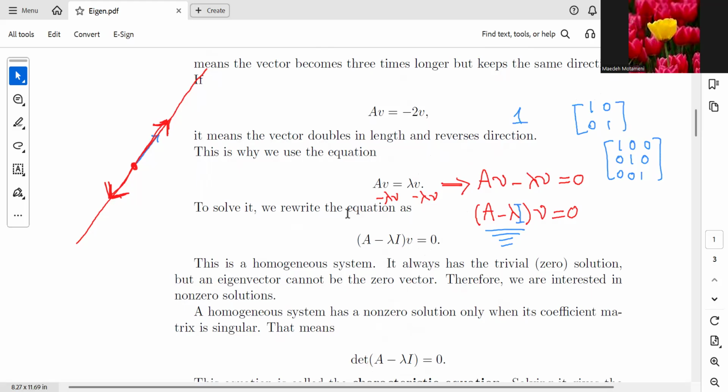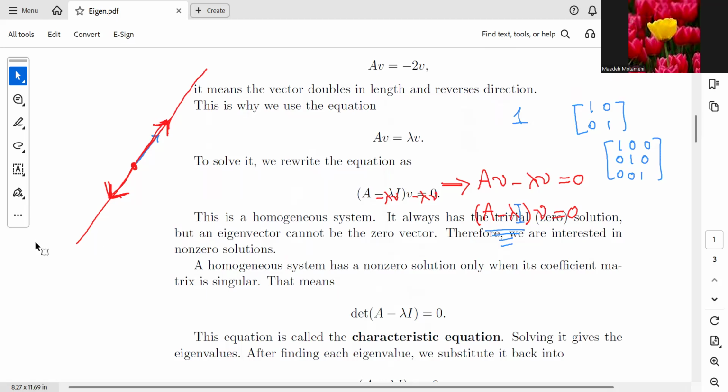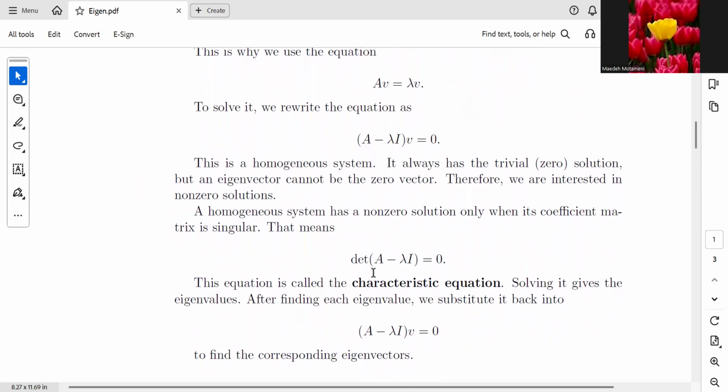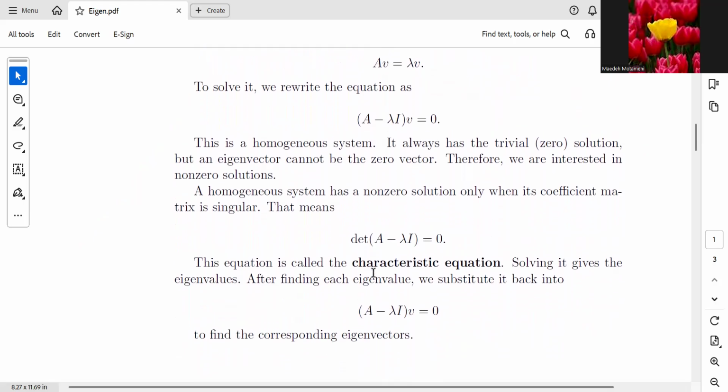Now, the question is, how can we solve this homogeneous system? As we talked about in the lecture, this homogeneous system has a trivial zero solution, which is not helpful here because an eigenvector cannot be a zero vector.